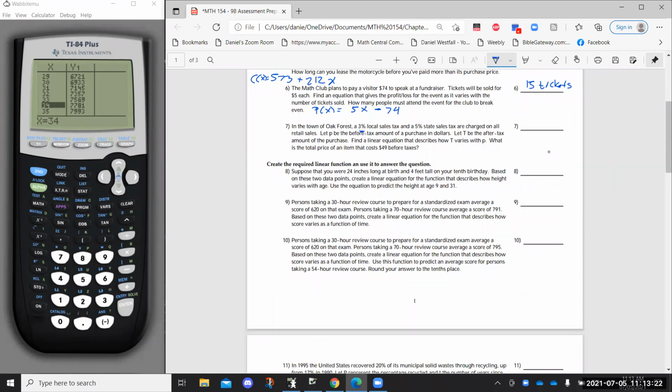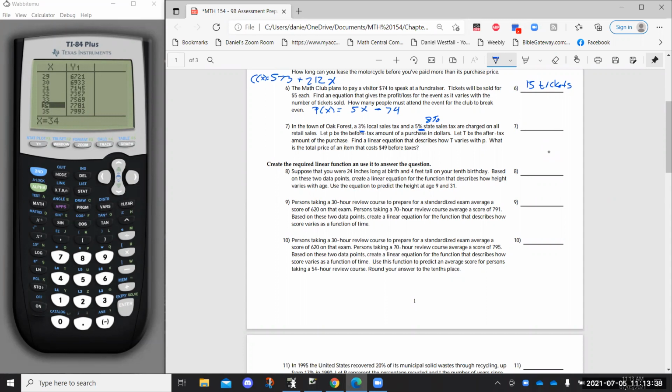Add these two sales taxes together, state and local, to get a total of 8% sales tax. That means that the item that you're paying for is going to be 108% of its face value when you pay for it at the cash register.